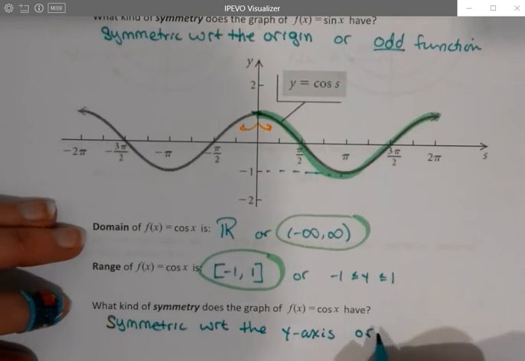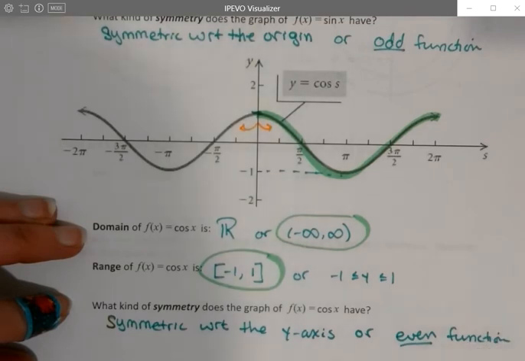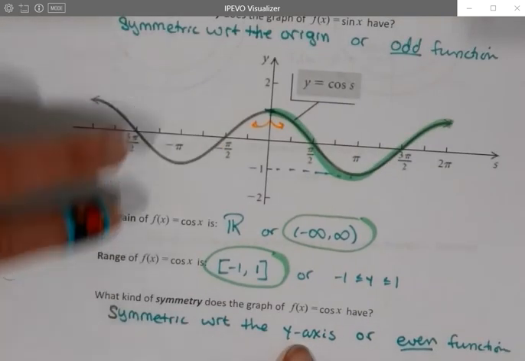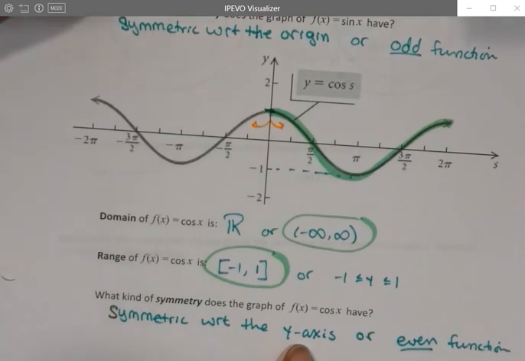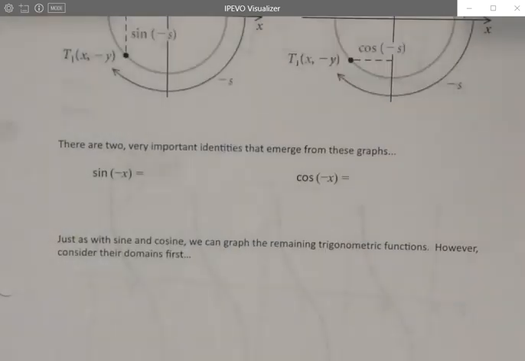And this means that it is an even function. Odd functions are symmetric with respect to the origin, even functions are symmetric with respect to the y-axis. And recall that if it was symmetric with respect to the x-axis, it wasn't a function because it wouldn't pass the vertical line test.